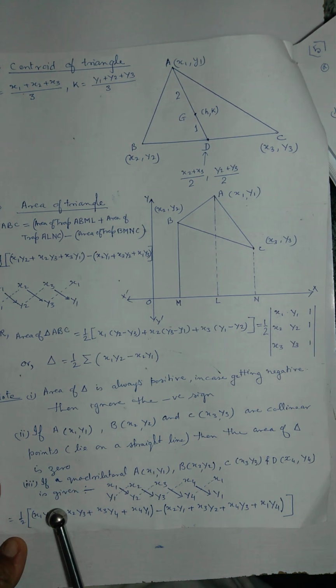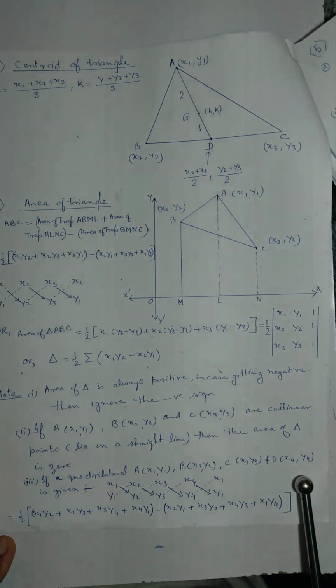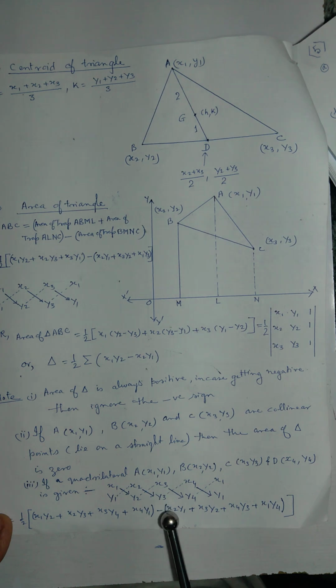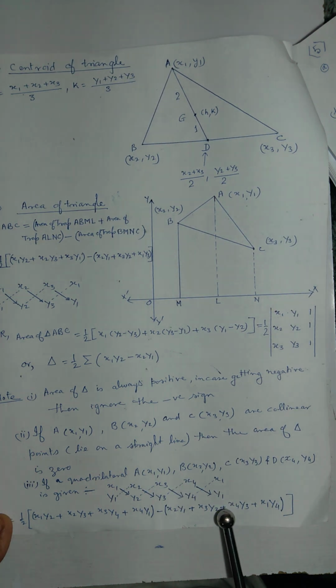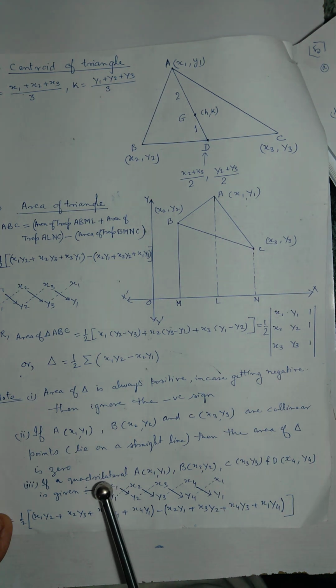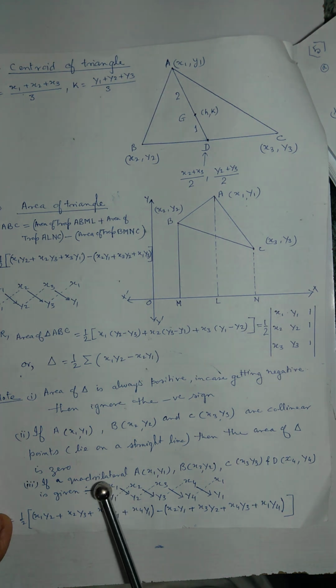Now the third point, if a quadrilateral ABCD is given to you, first of all you write down the coordinates x1 y1, x2 y2, x3 y3, x4 y4. Again you have to write the first one, that is x1 y1. Now if you are moving from top to downwards, at that time you take only the signs which are given of the coordinates.